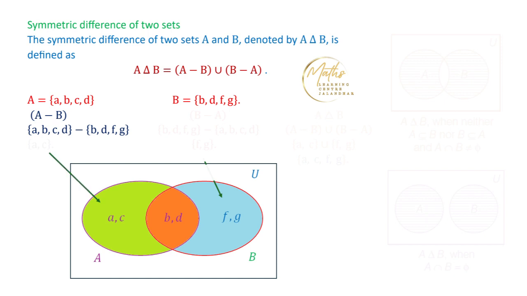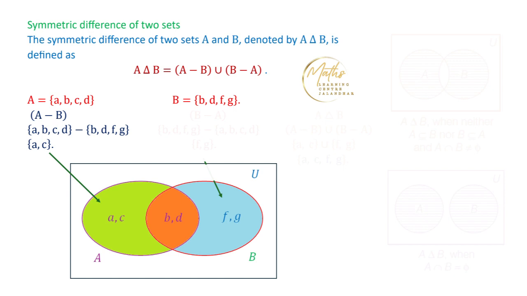This complete portion is A. From this A we are removing this portion of B. So A minus B will have two elements, that is a and c.